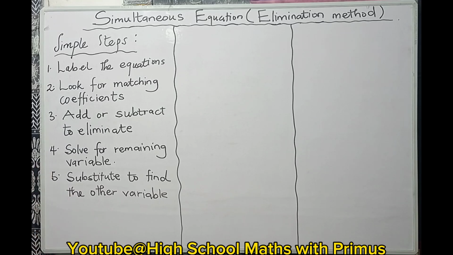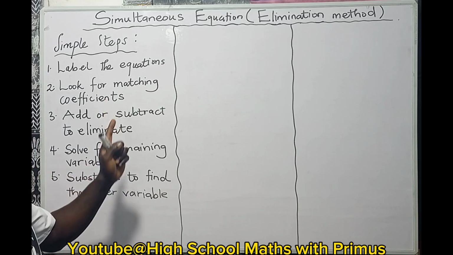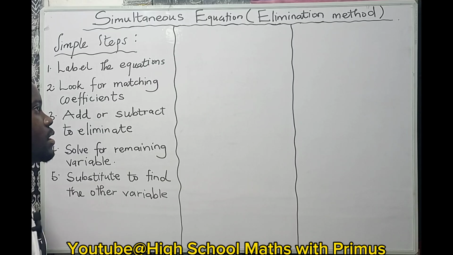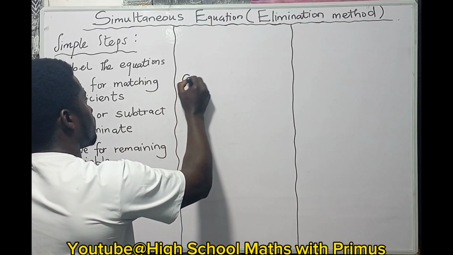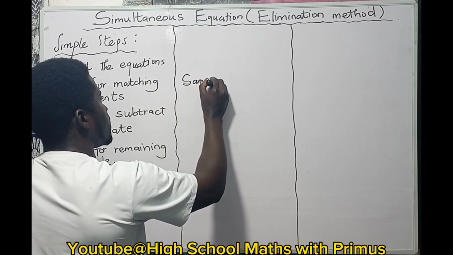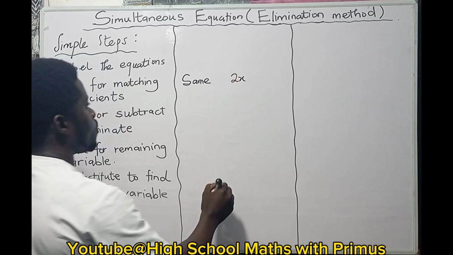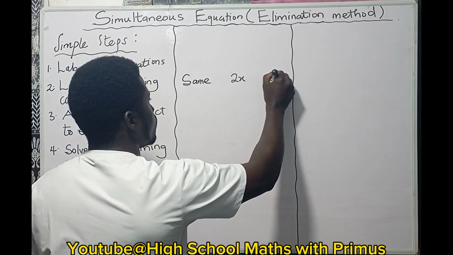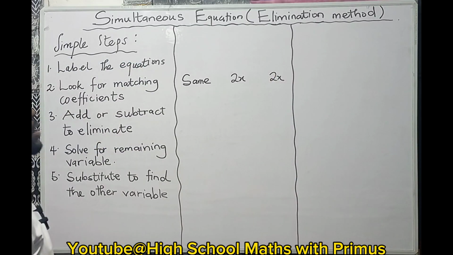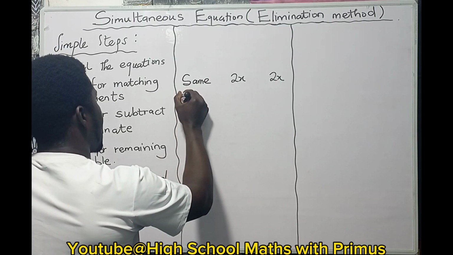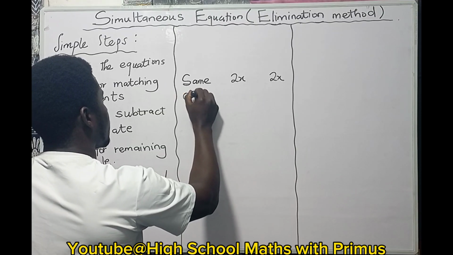Now pay attention. When they talk of matching coefficients, they mean the coefficients are the same. That means we have 2x in the first equation and another 2x in the second equation. Or when they are opposite.